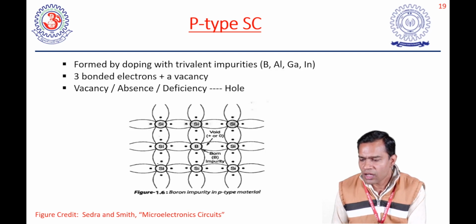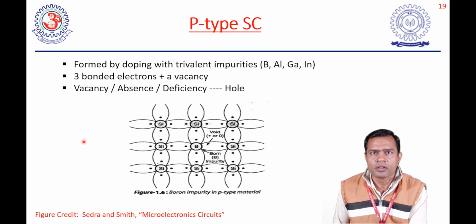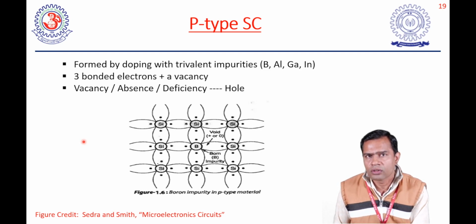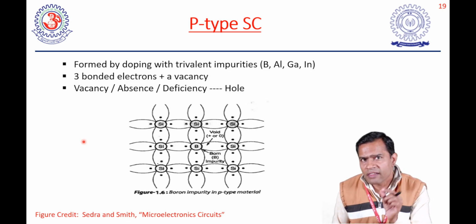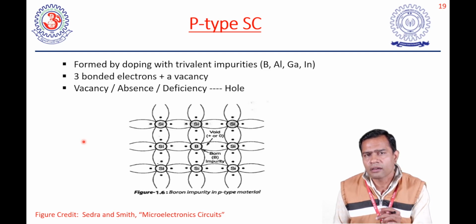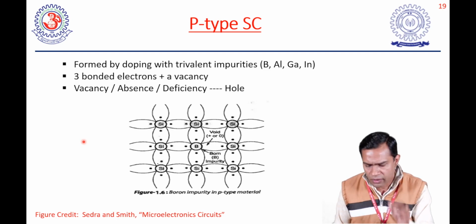Now come to the p-type semiconductor. Here p means positive, and here we talk about holes. The majority carriers are holes, and a hole is created in the covalent bond due to lack of an electron. We assume there is some vacancy in the covalent bond, and it is treated as a hole.